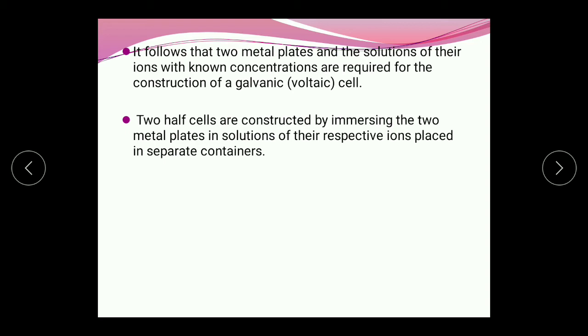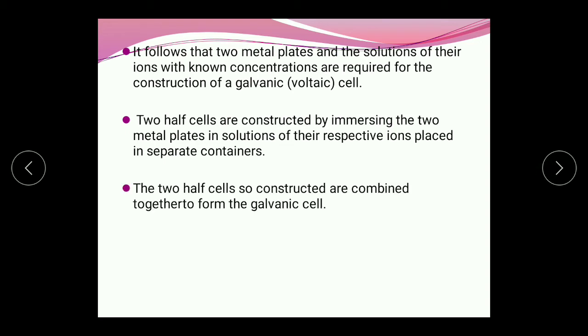But here, in a galvanic cell, we are going to carry out a spontaneous chemical reaction. For that, we require two different containers in which two half cells are constructed. How are the half cells constructed? By dipping the metal strip in the solutions of their own ions.